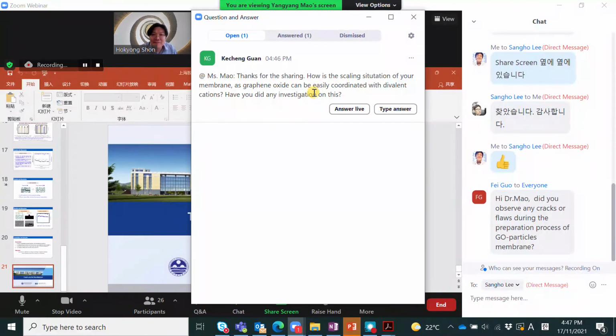About the scaling situation of our graphene-based membrane, we haven't done any investigation about that.